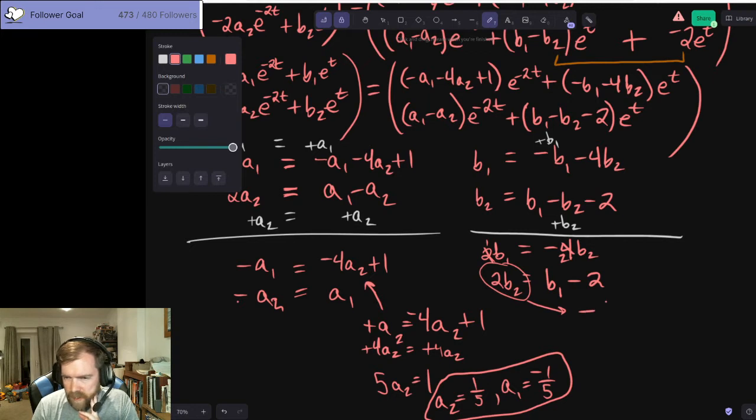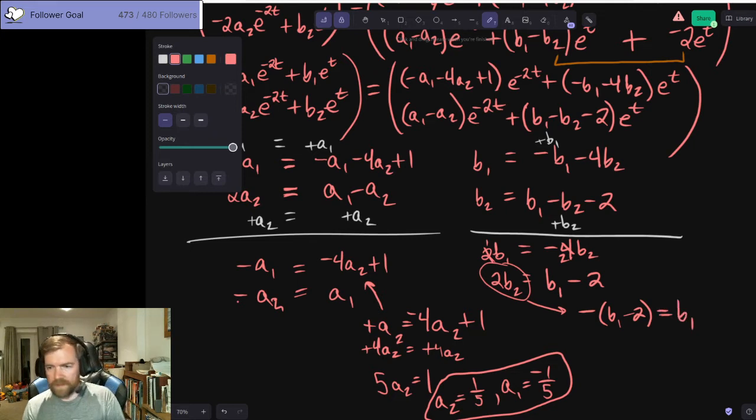Negative 2b2 is going to be a negative parentheses b1 minus b1 minus 2, which is going to be equal to b1. So negative b1 plus 2. Add b1 to both sides, we get 2 is equal to 2b1, and so therefore b1 is equal to 1.